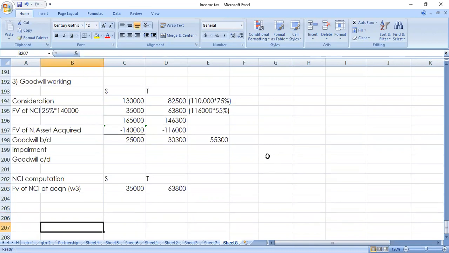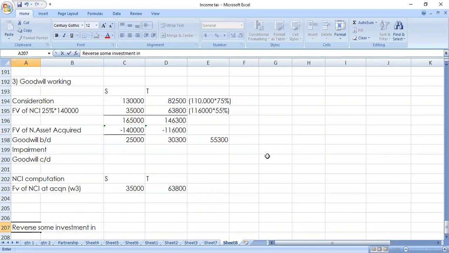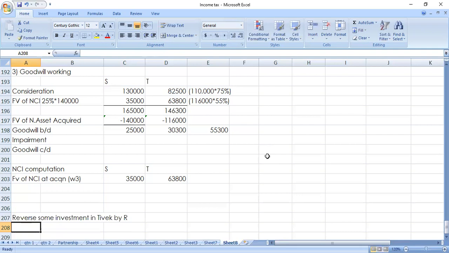Then in the end, there's that one standing line which says you have to reverse some investment in TVEC by R. You need to reverse that.